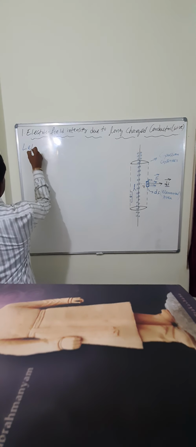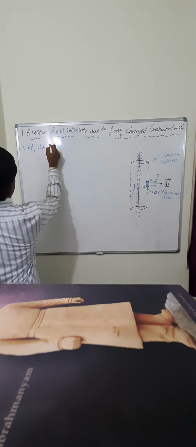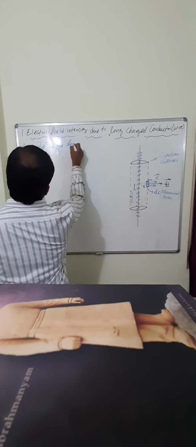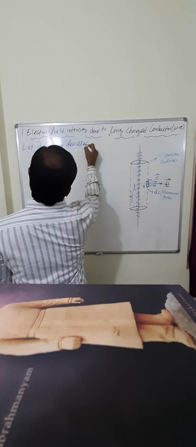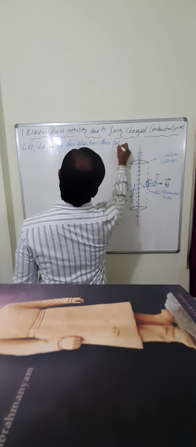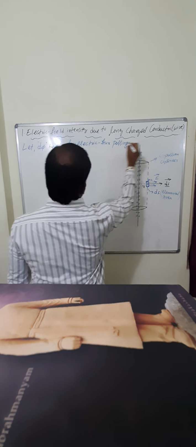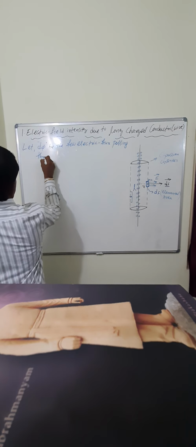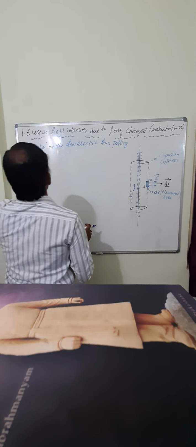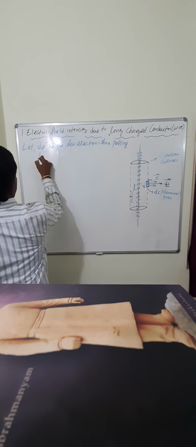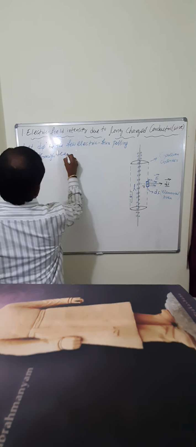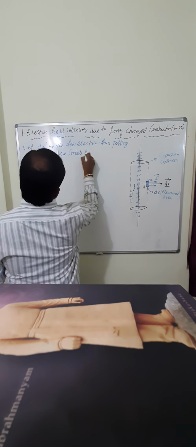Let d phi be the electric flux passing through the small elemental area.